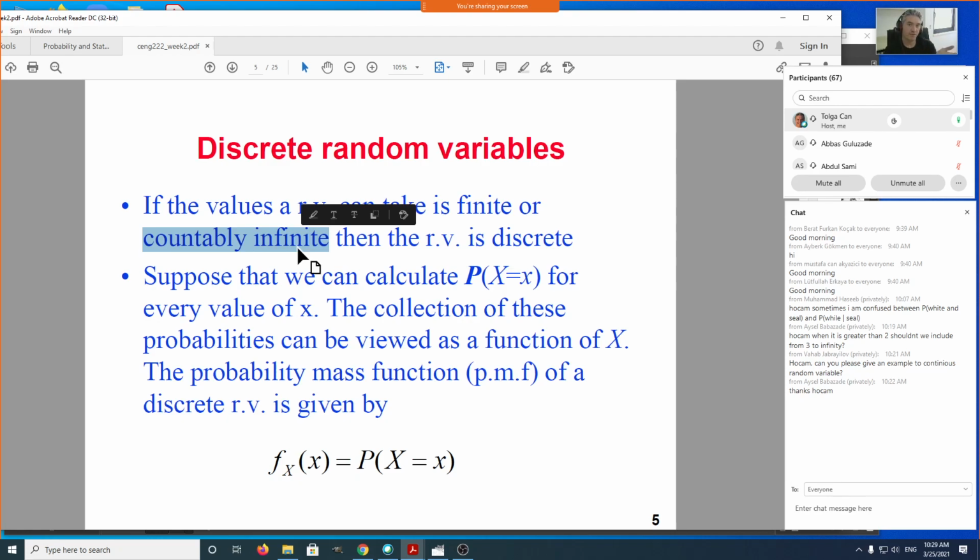You'll see that, for example, in certain cases when the number of values is more than 30, there are continuous approximations to these discrete random variables, which we use most practically most of the time. So the second part is open to discussion, actually.